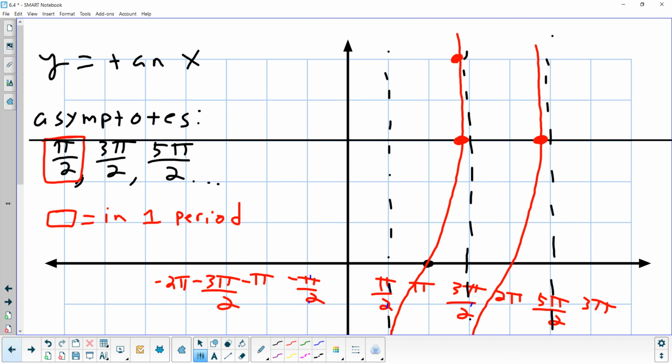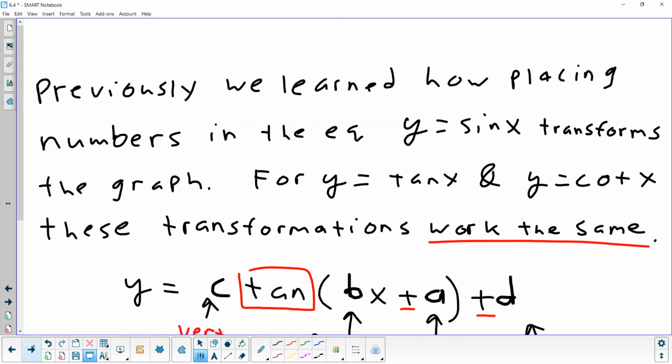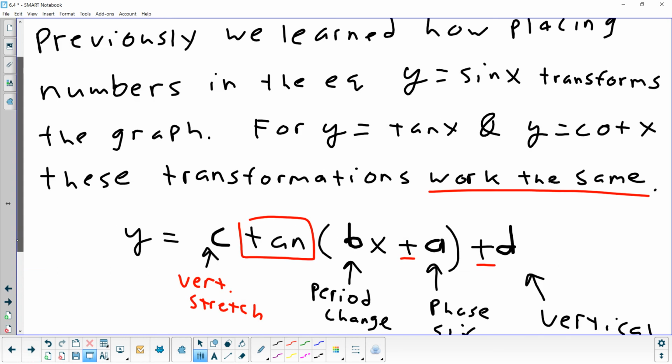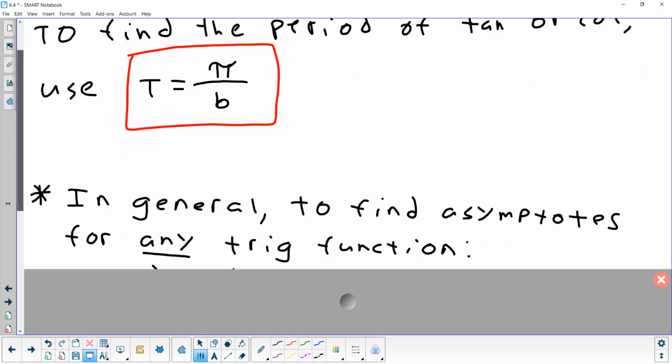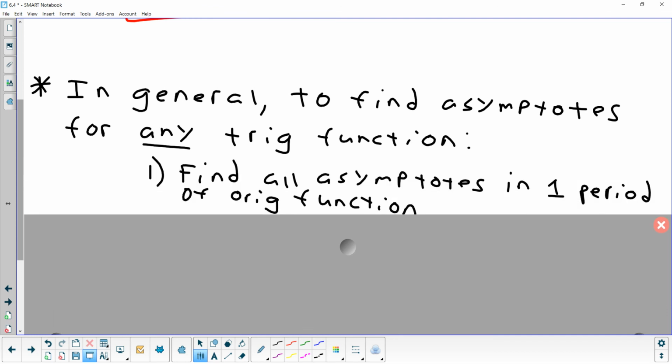And I tried to point out the pattern. Well, if you do a transformation, those asymptotes are going to change. They're not necessarily going to be in the same spots. So, how do you find the asymptotes in any trig function when you do a transformation?